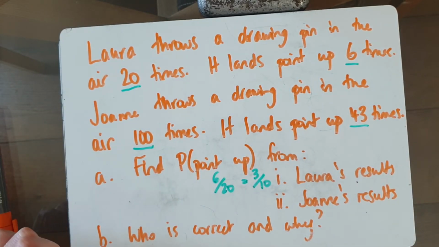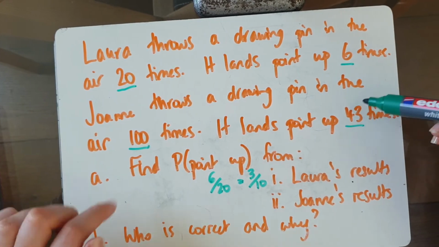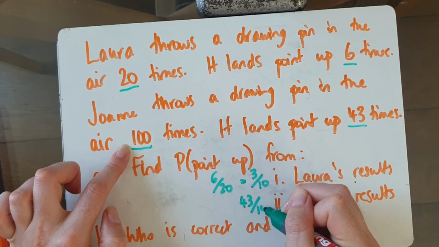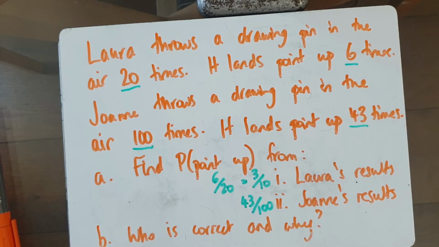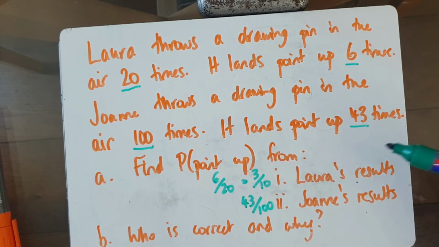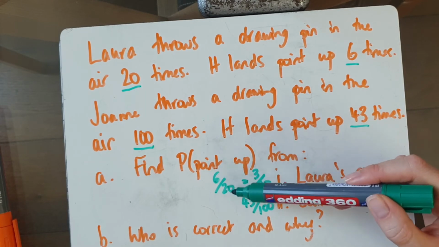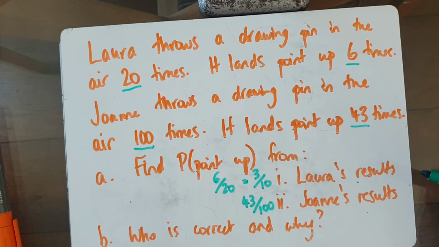The number of times it lands point up in Joanne's experiment is 43, and that is out of 100, so her probability is 43 out of 100. So these are the probabilities. It's just the number of times the event happens out of the total number of trials, and if we can, we simplify it. Now, where it says who is correct and why, what do you think?